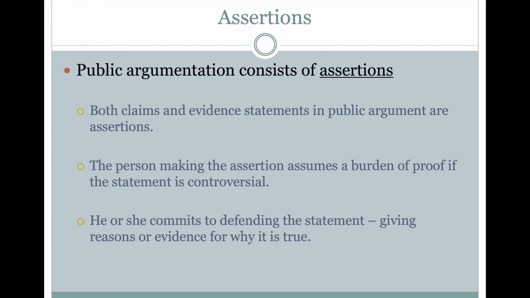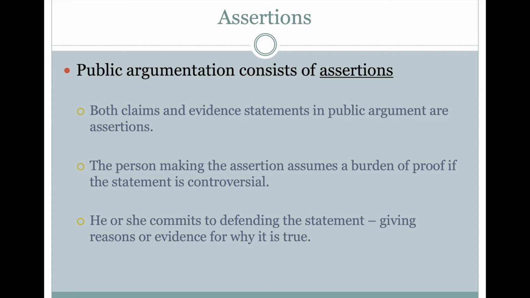So public argument then consists of assertions, people making assertions. Both claims and evidence statements in public argument are assertions. So we go from just the theoretical realm of thinking about argument and its component parts, and we now look at argument as it takes place in public discourse, let's say in the realm of law or politics or social or cultural issues, right?